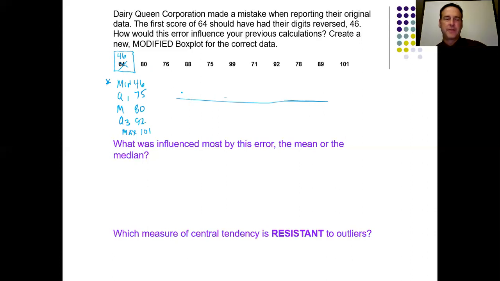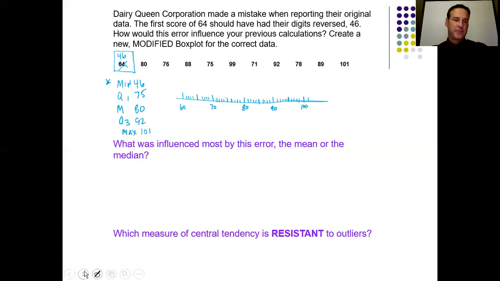I'm going to start with 64. 5, 6, 7, 8, 9, 10. So there's 70. There's 80. There's 90. There's 100.